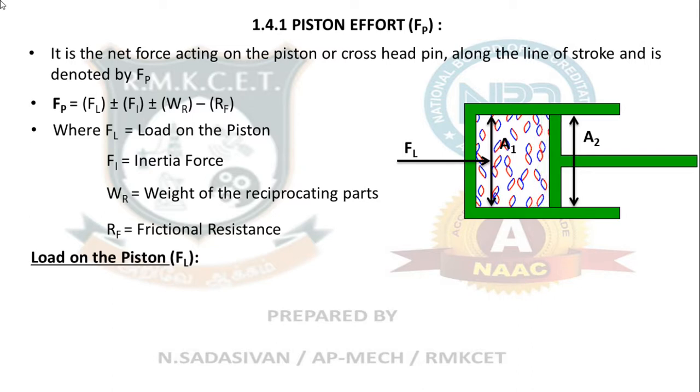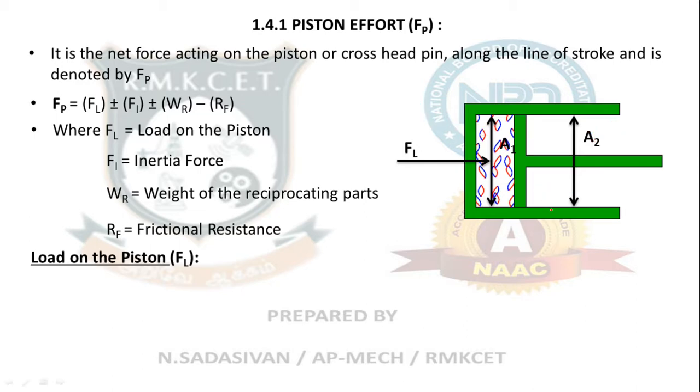Then if you have a double acting steam engine, then the steam is pumped on both the sides. Steam is given from here into the engine, and also when the piston is reaching the rightmost position, steam is also given from here, so that the piston is pushed in this direction. That is a double acting steam engine.